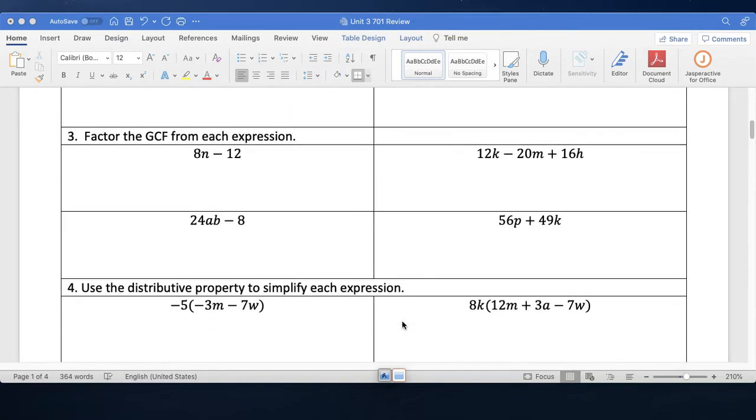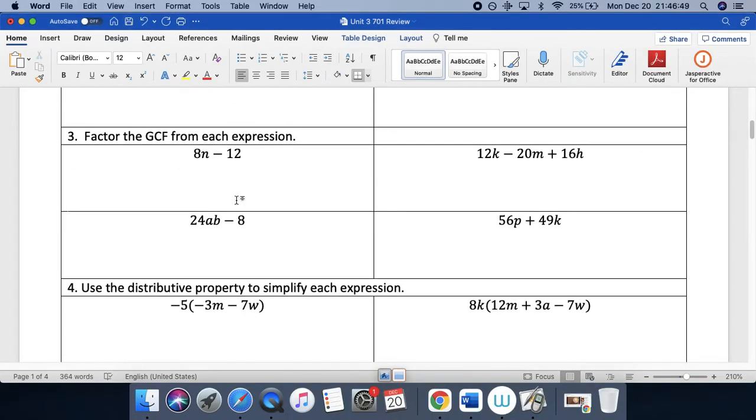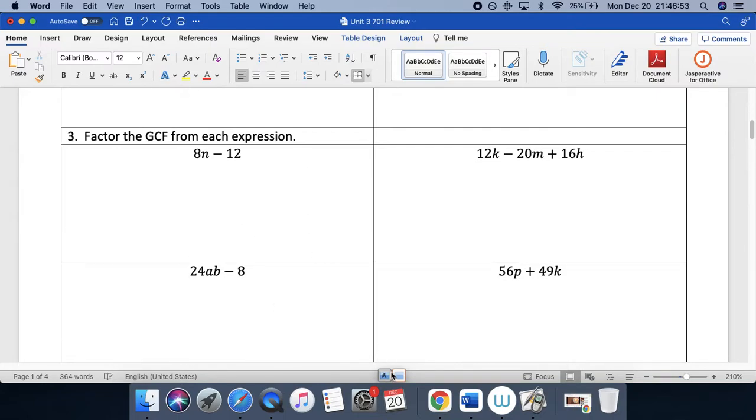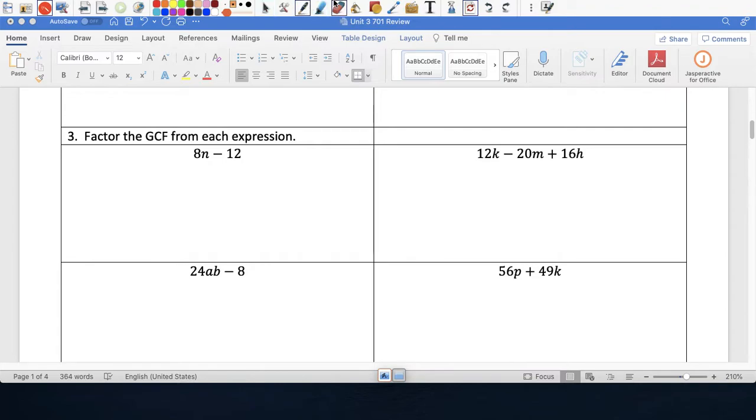Factor each expression. So here we go, factor, so we can use the ladder method. What number can I use? I can use 2, I can use 4. 8 divided by 4 is 2n, minus, and 12 divided by 4 is 3.